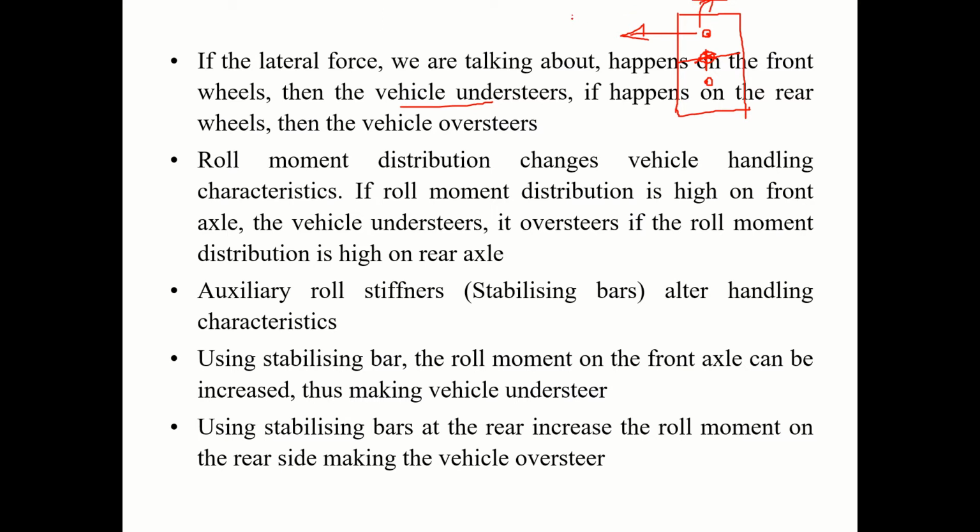This is W by g. You call it WF by g V squared by R. Next here it is WR by g V squared by R. If this is greater than this, the vehicle will understeer.